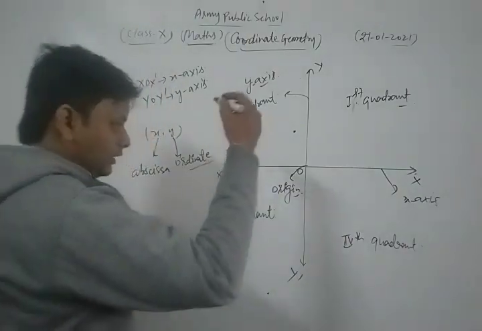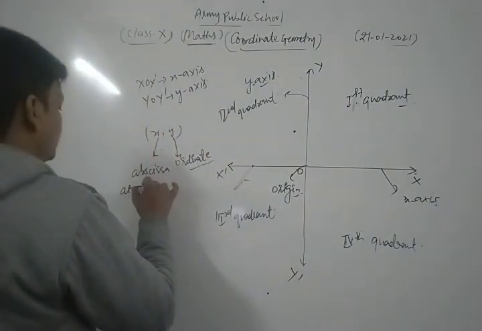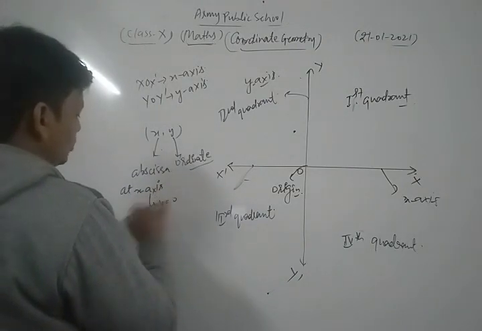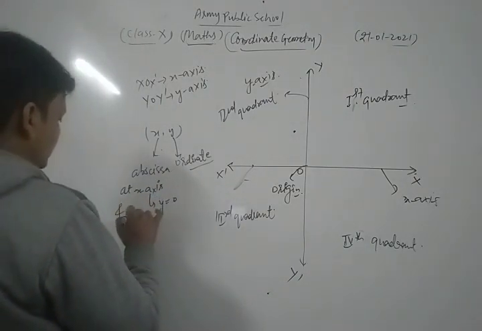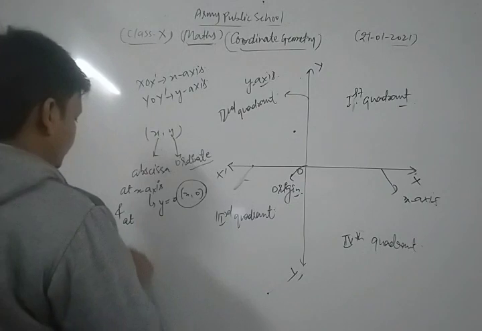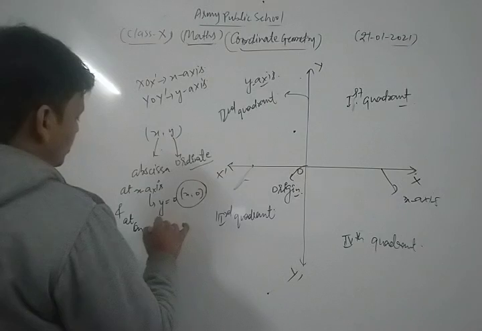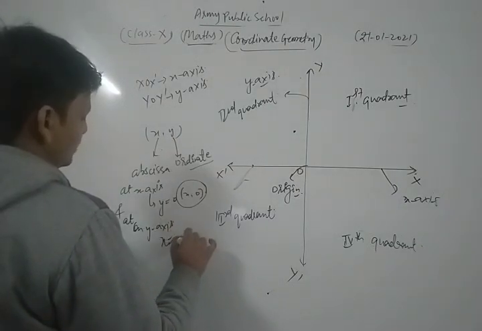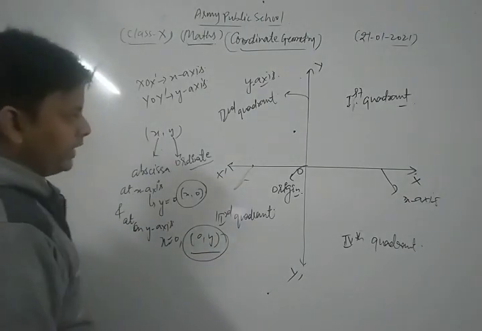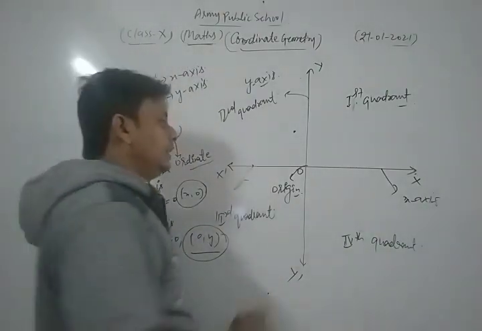So on the x-axis the ordinate is 0, meaning the coordinates are x, 0. On the y-axis the abscissa is 0, meaning all the coordinates are in the form 0, y.